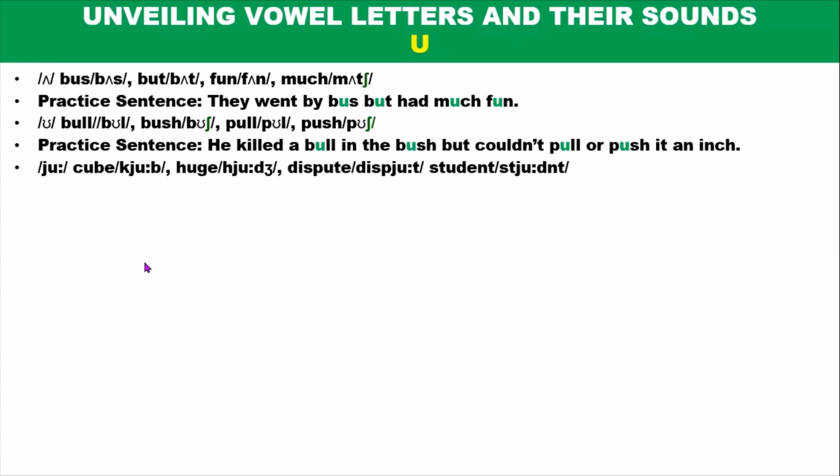Next, we have the sound U, represented by the vowel letter U. This is exactly the sound that resembles the vowel letter itself, U. This is what you have in cube, huge, dispute, student.